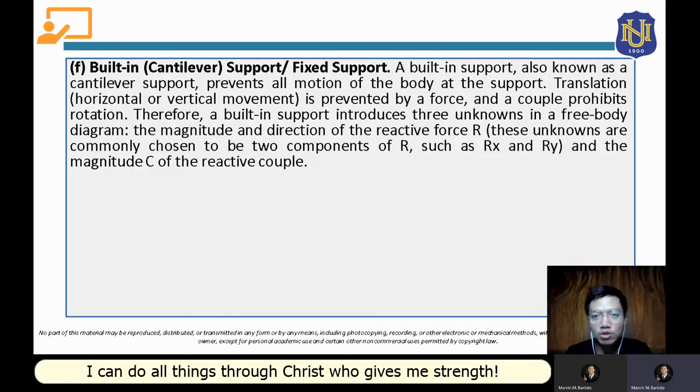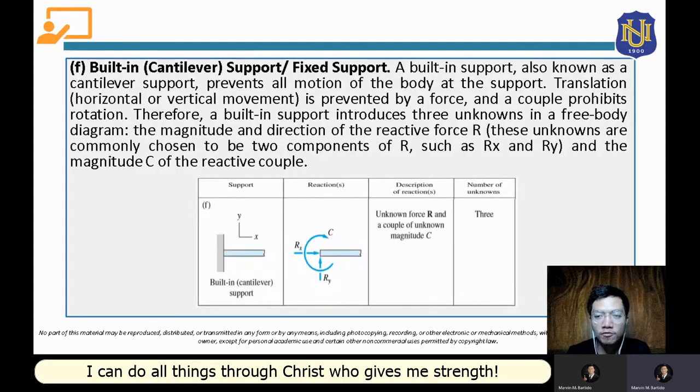Therefore, a built-in support introduces three unknowns in a free body diagram: the magnitude and direction of the reactive force R. These unknowns are commonly chosen to be components of R, such as Rx and Ry, and the magnitude C of the reactive couple. So for fixed support, there are actually three reactions: horizontal reaction, vertical reaction, and a moment reaction or couple reaction.